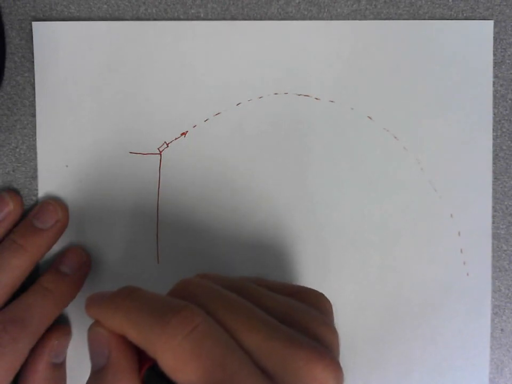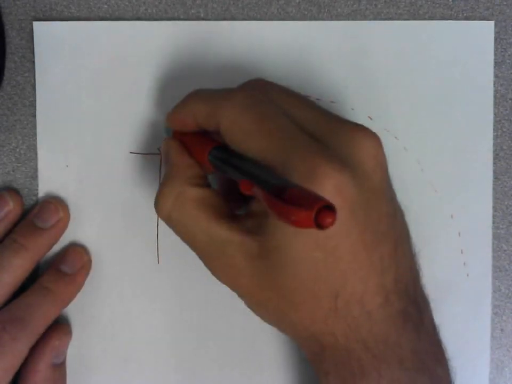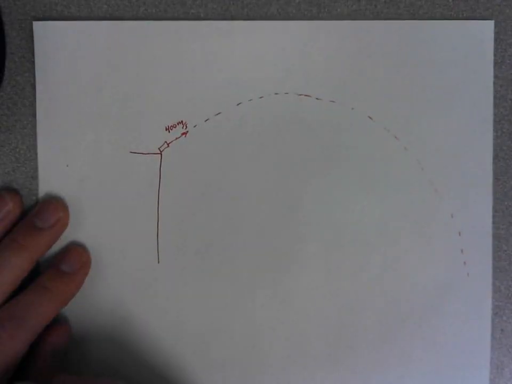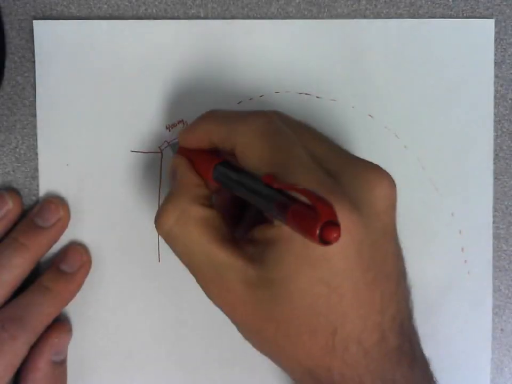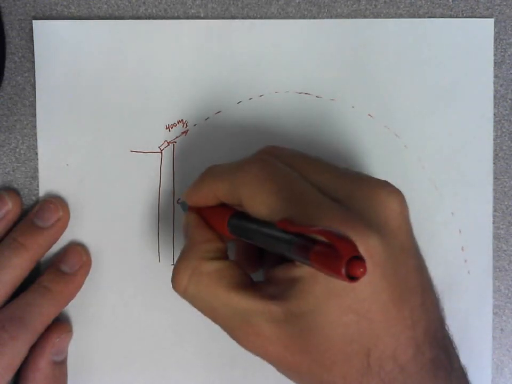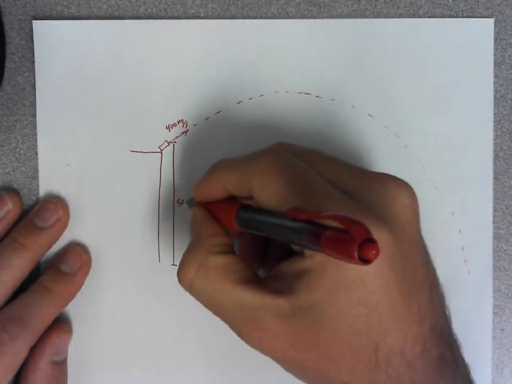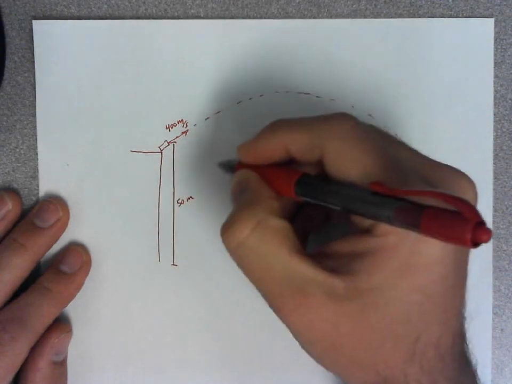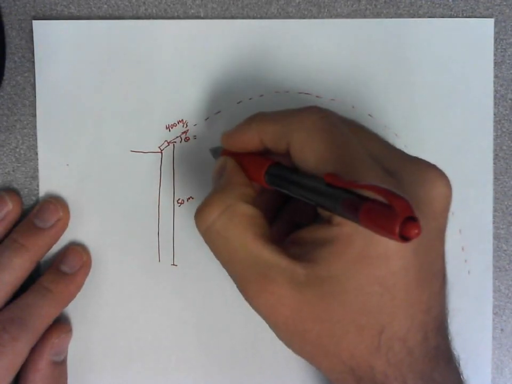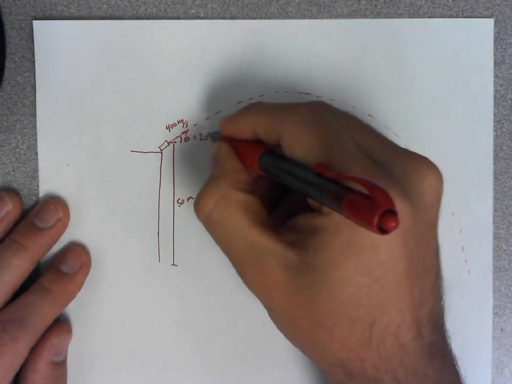Let's say that we have a 400 meters per second velocity, so pretty quick, an actual kind of cannon here. Let's say the cannonball leaves at 50-meter height, and let's say that my angle here is a standard 30 degrees.